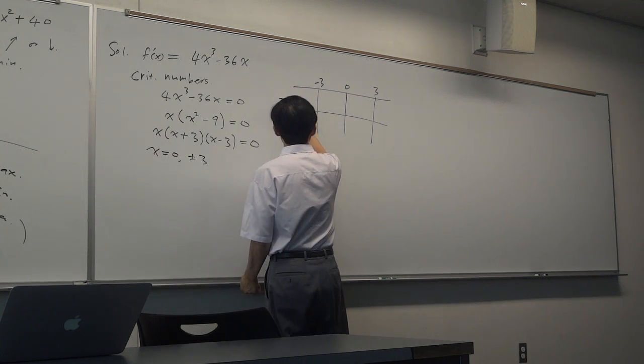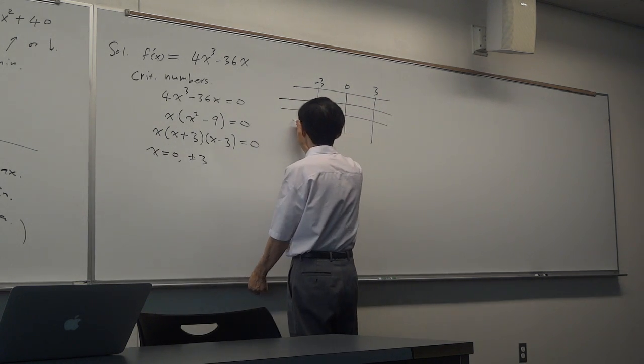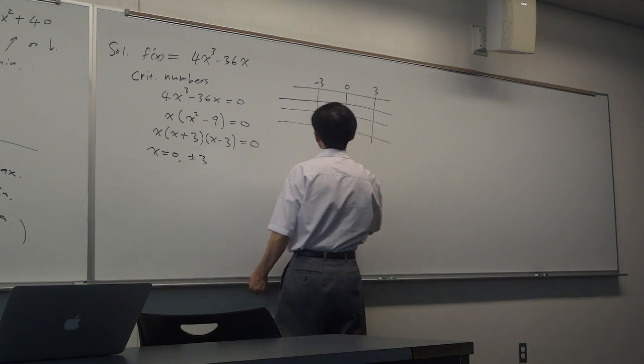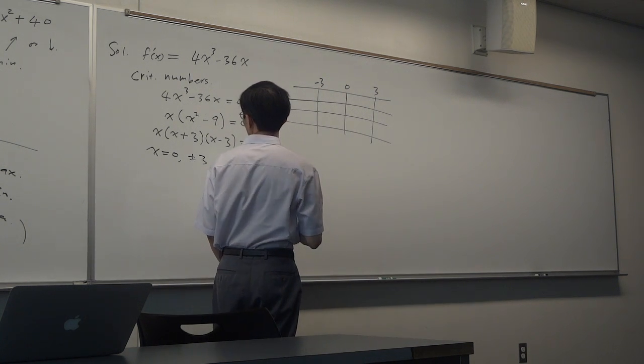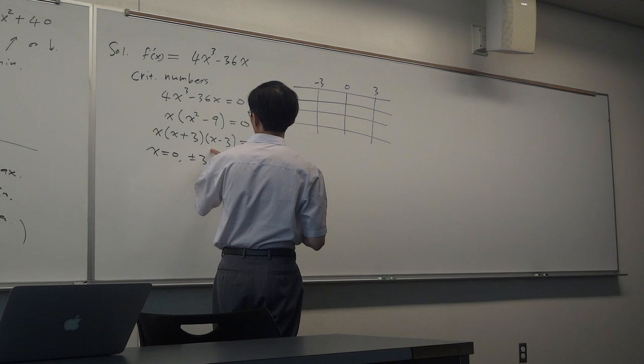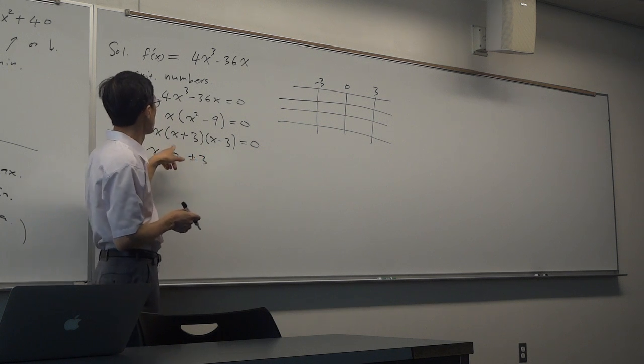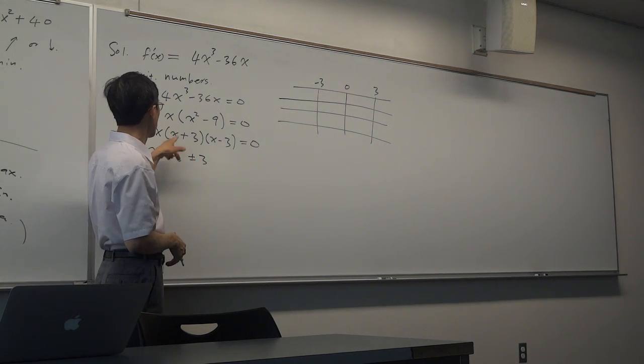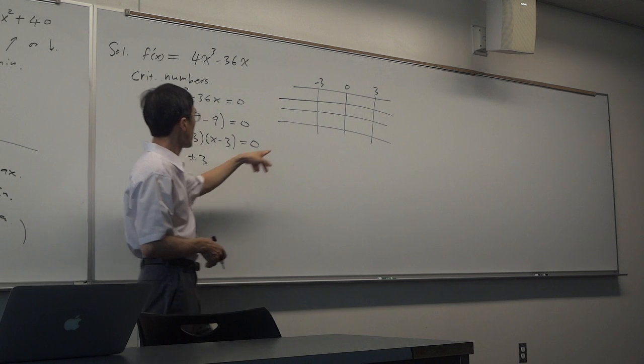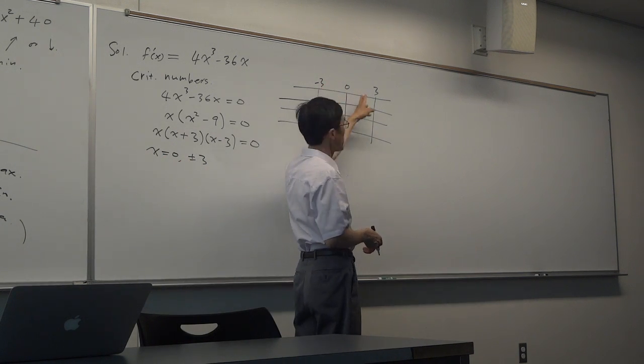And basically, you want to have the sign of f prime x. A lot of people find it helpful to actually factorize and look at the factors. It also helps if you order them from small to big, like the numbers here, you start with the smallest.